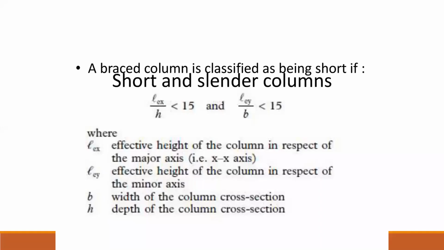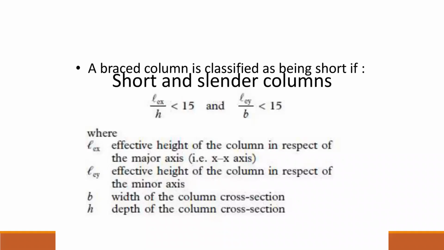It means that if you take the cross section of the column, h is the depth of the column, and the other one, Ley over b, should be greater than 50. The notations have been listed below.